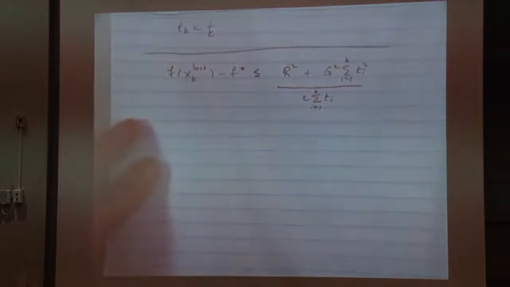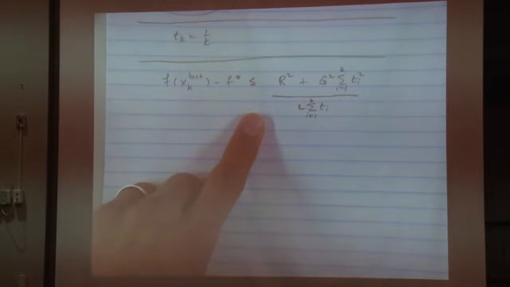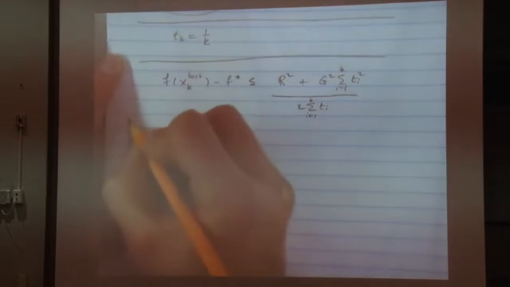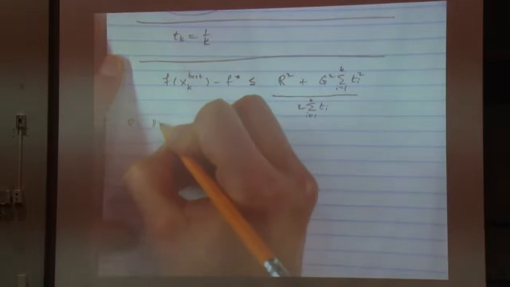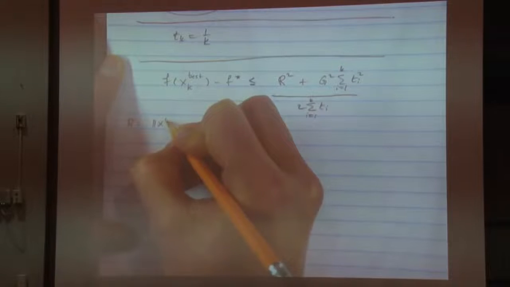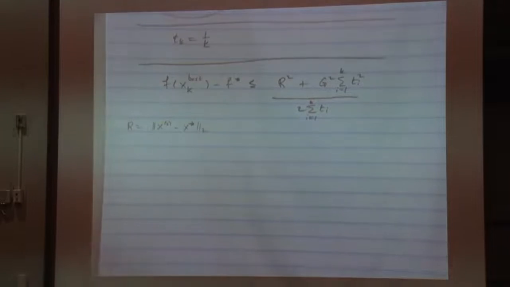This was a bound that we established through that method of proof that I'm skipping. This is called the basic inequality for the subgradient method. R, by the way, is the distance between our initial point, say x0, and a solution. Just to keep the notation consistent.